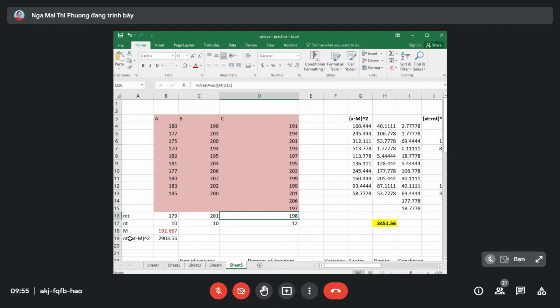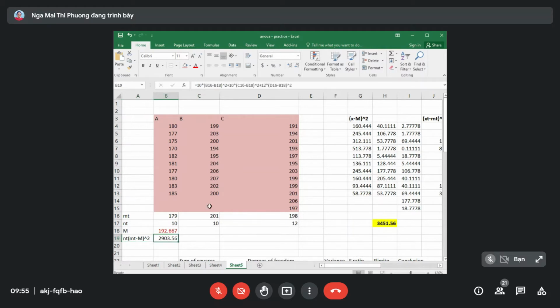In the upper part of the variance of treatments, you have this value: you calculate NT multiplied by (MT minus big M) squared.